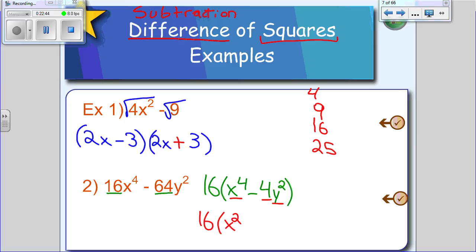Minus 2 and then y. The square root of y squared is just y. I need 2 sets of brackets, right? What's the second set of brackets going to be? Same thing, different symbols. Perfect. That would be your answer.